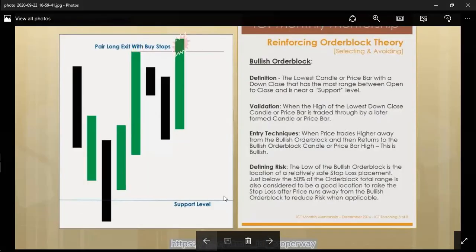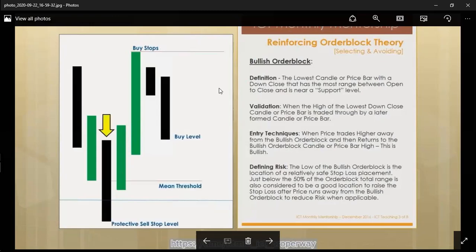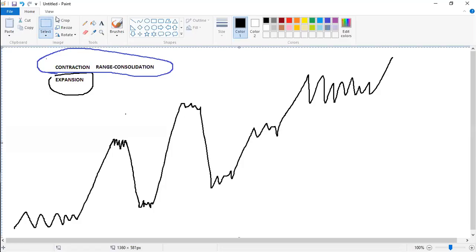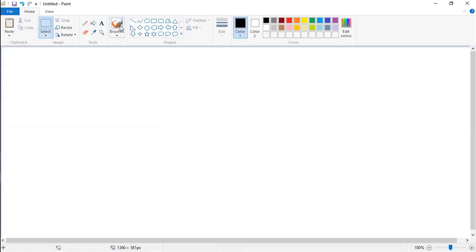Just like I told you last time, you need to master market structure. Market structure is very important. Why? Because we are going to use market structure to identify the correct order blocks.